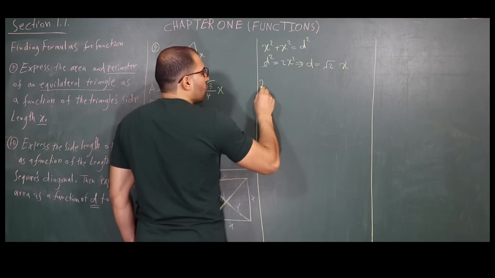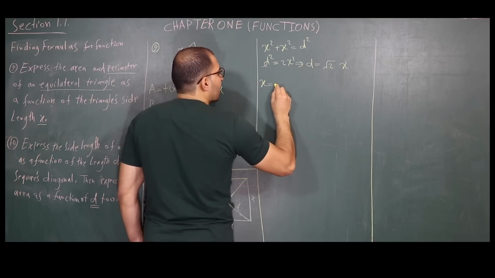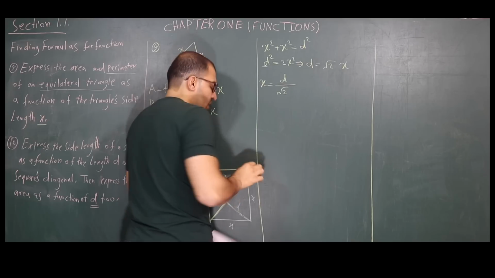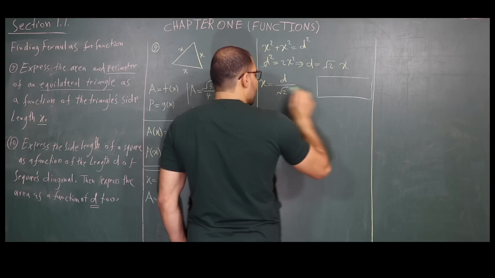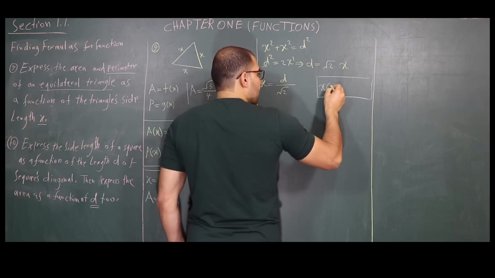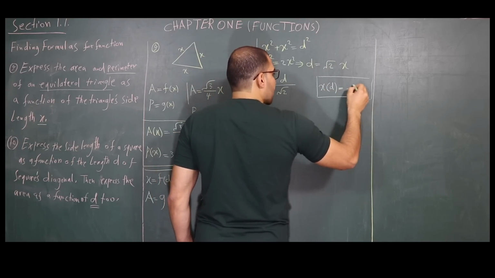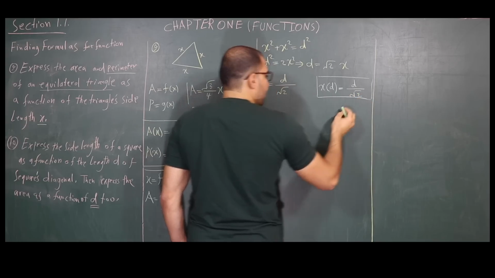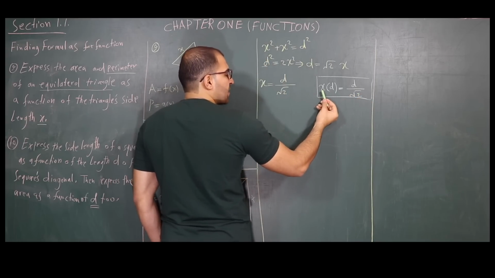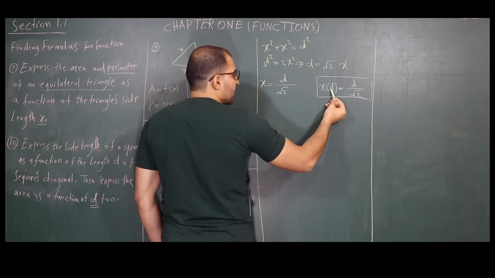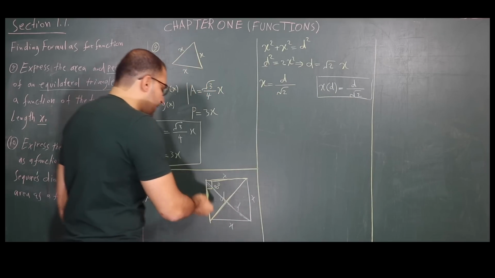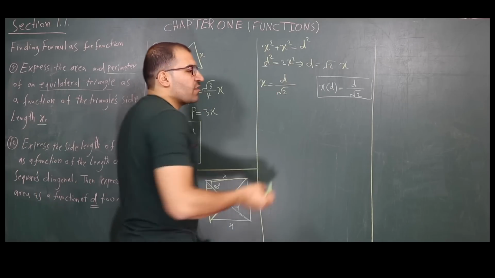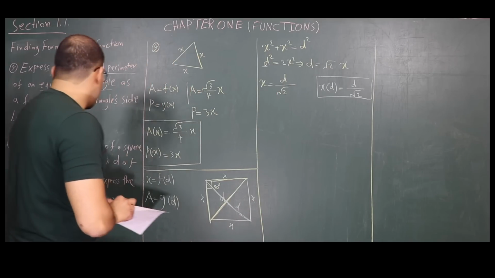So x will be d divided by the square root of 2. I can see right now that I expressed x as a dependent variable and d as the independent variable. So I expressed the side length x as a function that depends on d, which is the diagonal of the square.